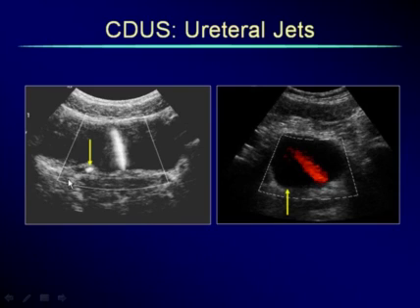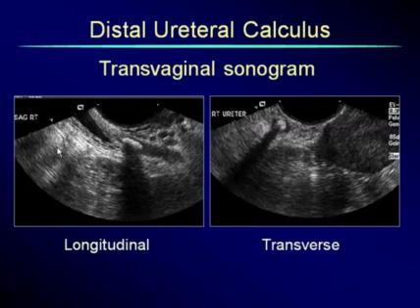This is another patient, similar problem, where the stone is lodged at the ureterovesical junction. There is no jet coming from this area, and there's a beautiful geyser here seen in black and white coming out of the left ureteral orifice. So we know there's obstruction going on at the same time, and we have the obstructing calculus.